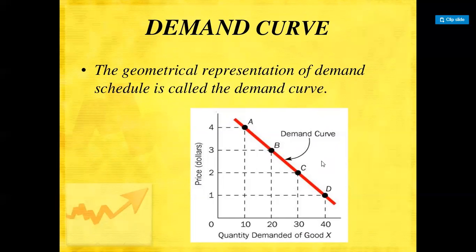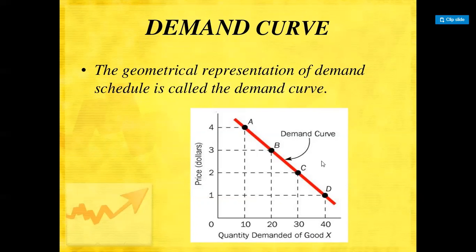Qualitative, not quantitative. It makes a qualitative statement only, that is, it indicates the direction of change in the amount demanded and does not indicate the magnitude of change. No proportional relationship.